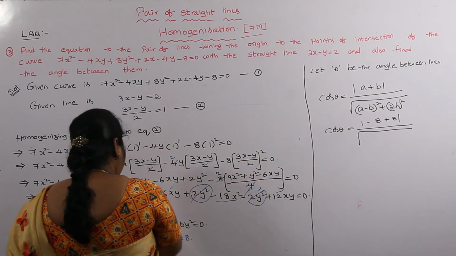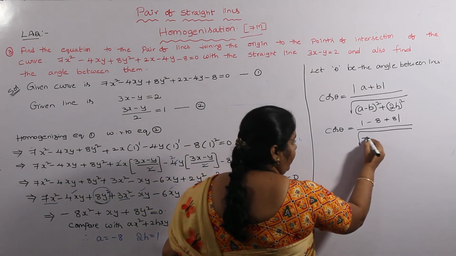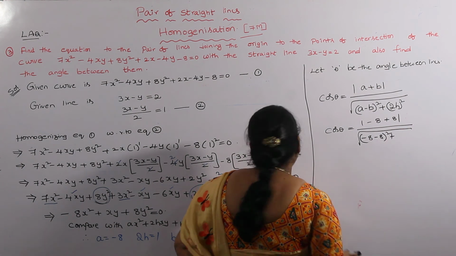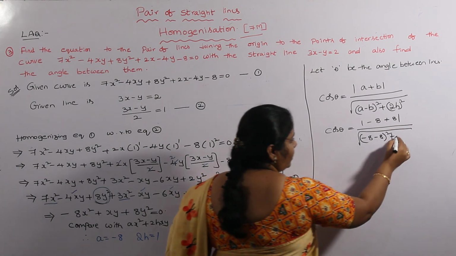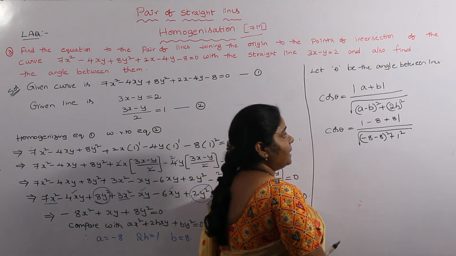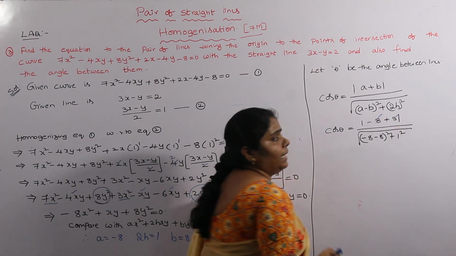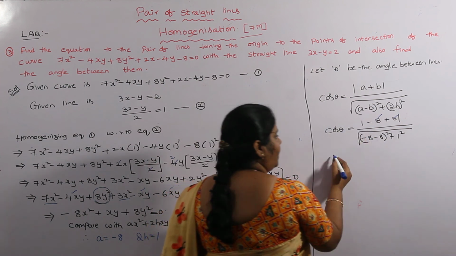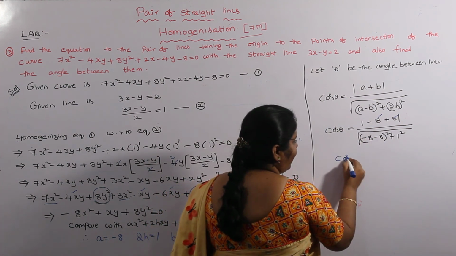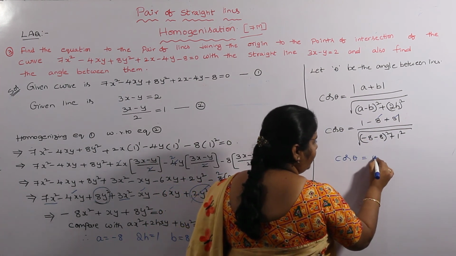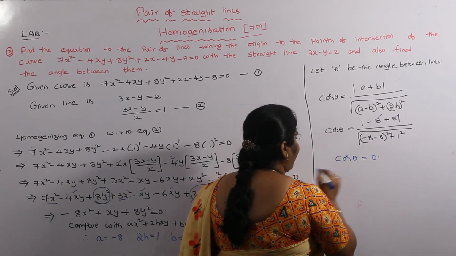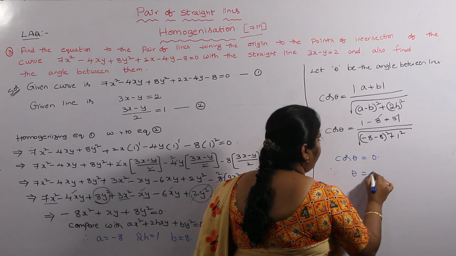A minus b means minus 8 minus 8 whole square plus 2h, we get 1 square. Here plus 8 minus 8 is cancelled. Remaining is 0. 0 by something is 0. Therefore cos theta is equal to 0. Therefore angle theta is equal to 90 degrees.